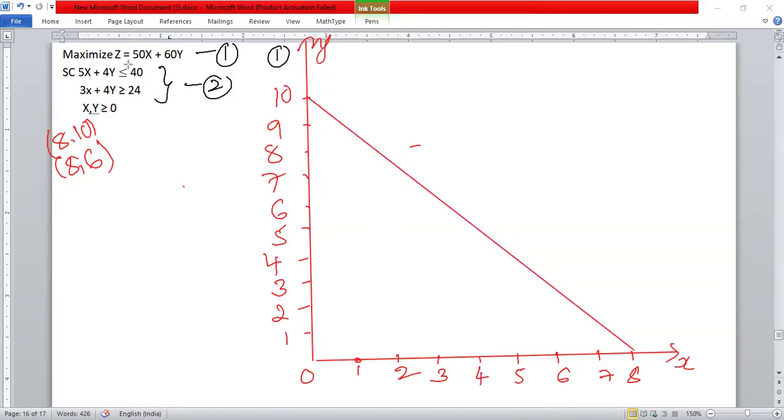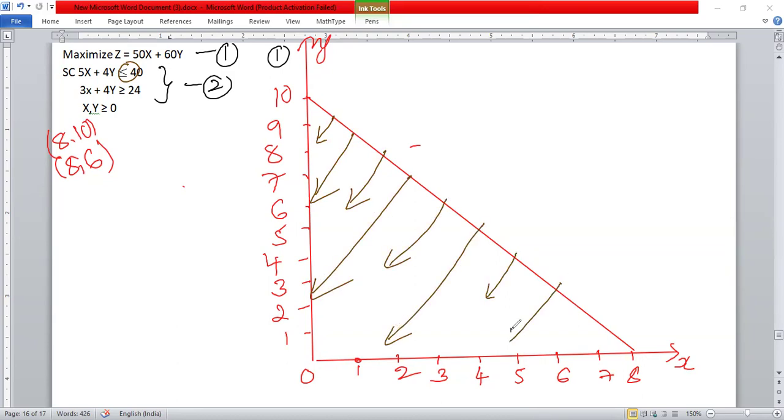So that is lesser than or equal to. So lesser than or equal to means inside the origin. Second one, 8 comma 6. Okay, 8 comma 6.